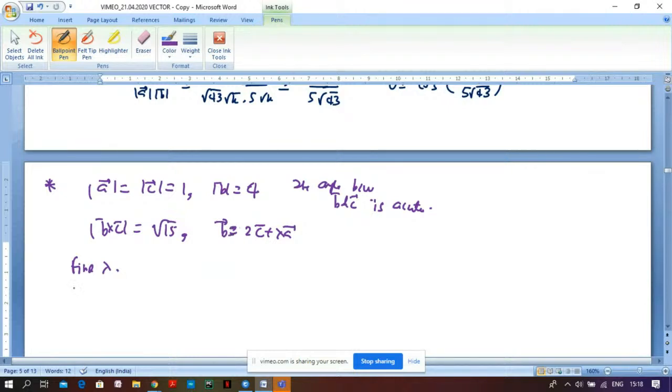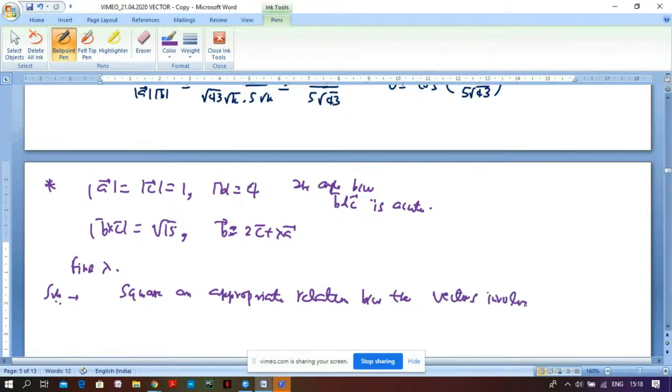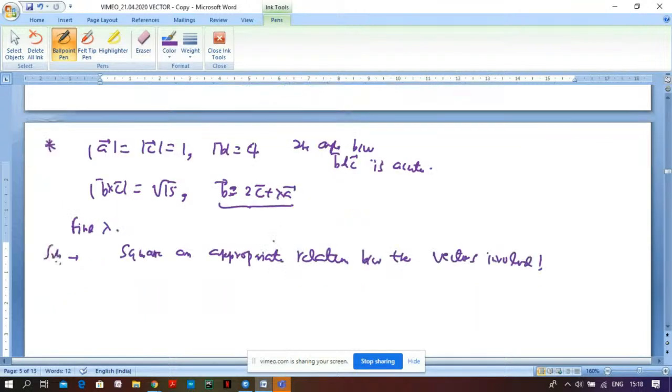So I will capture it like saying that square an appropriate relation between the vectors involved. Obviously, this is what comes to our mind when I say this.